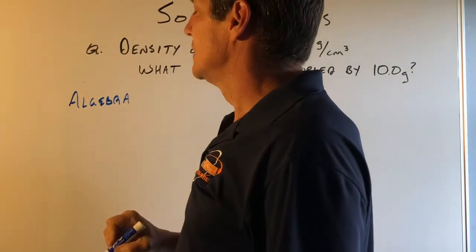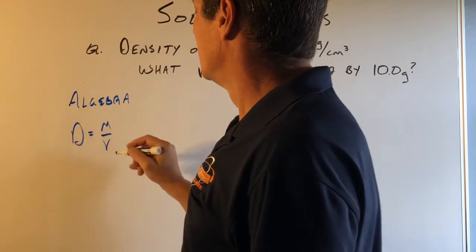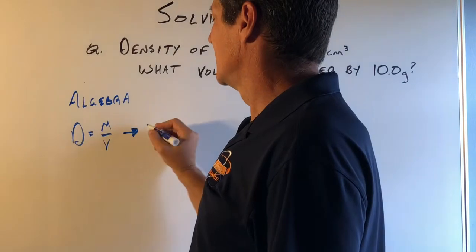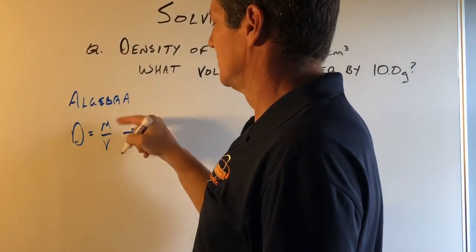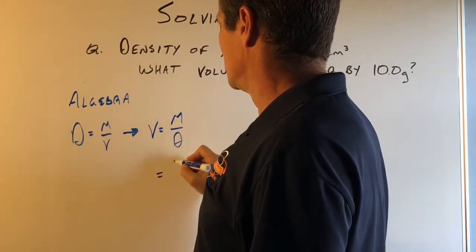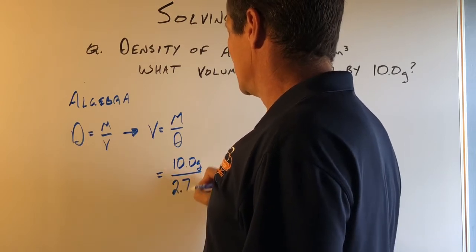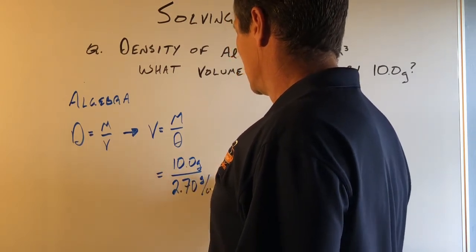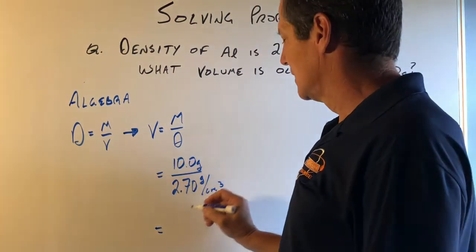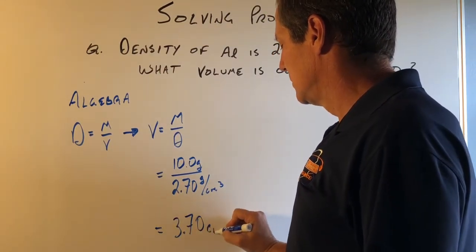which involves using the equation for density equals mass over volume, recognizing what we want in this problem is the volume, so we would rearrange that and have that volume equals mass over the density, equals my mass of 10 grams divided by the density of 2.7 grams per centimeter cubed, equals 3.70 centimeters cubed.